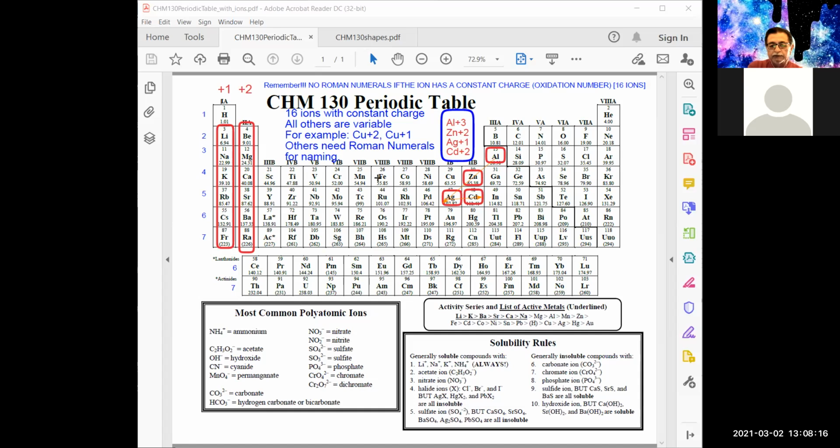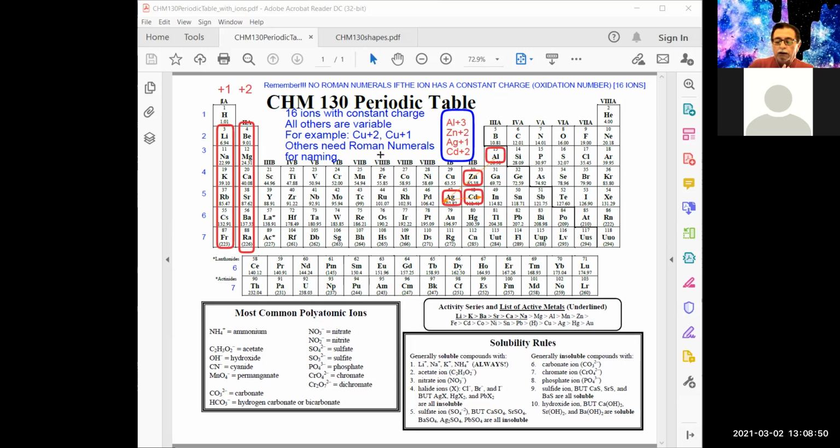Copper, Cu, can exist either as a +2 state or a +1 state, depending on how many electrons are lost. So copper 1 and copper 2 have very distinct properties. They're different compounds. One is a pretty blue color in solution, and the other one is green. Even the colors are different. Iron's the same way. Iron can exist either as a +2 or a +3.